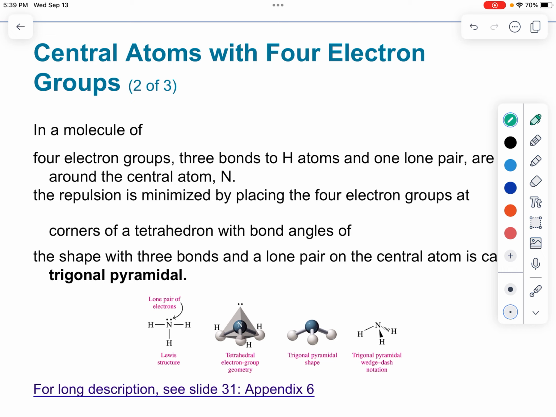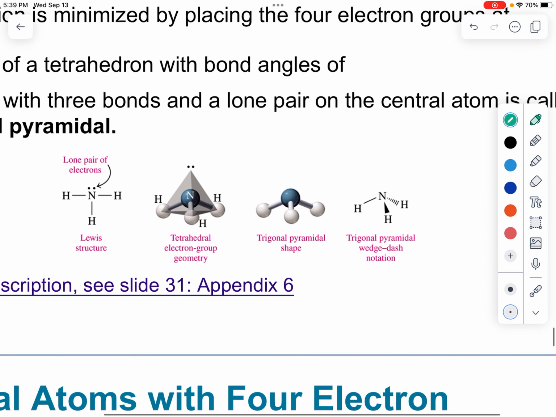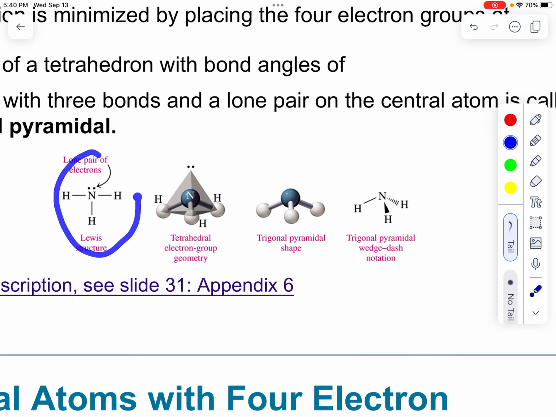Okay, so now you can imagine it's possible to have a central atom with 4 electron groups, but also have an unbonded pair of electrons, and ammonia is one of those. The Lewis structure for ammonia looks like this, and so it has 4 electron groups, 1, 2, 3, and then the unbonded pair of electrons.